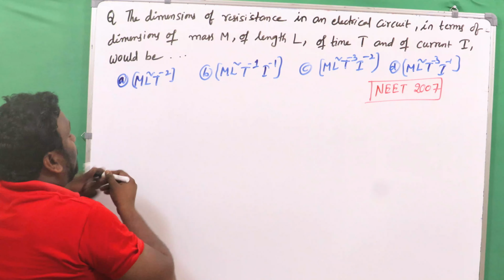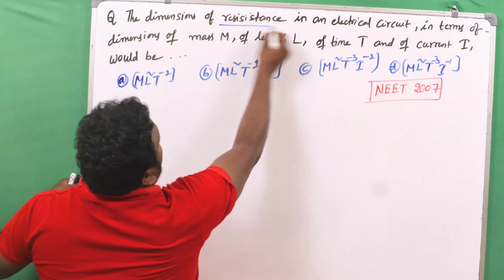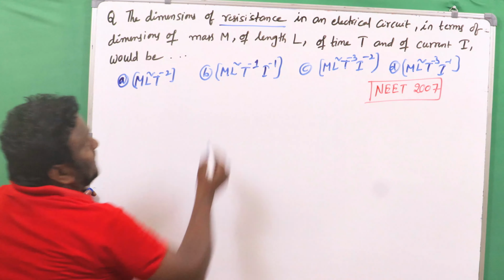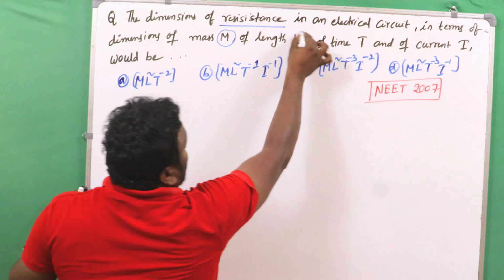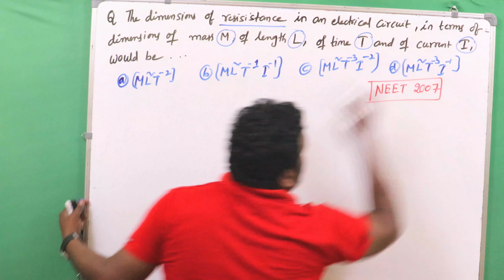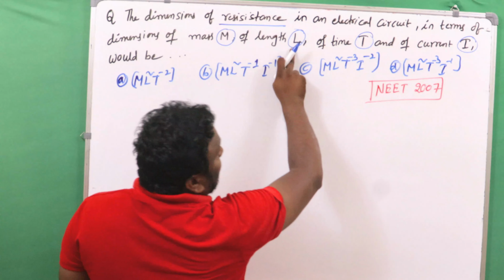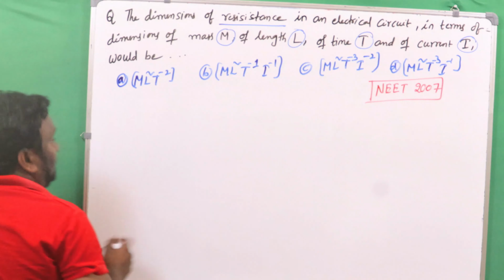So we want to find out the dimensions of resistance in terms of mass, length, time and current.